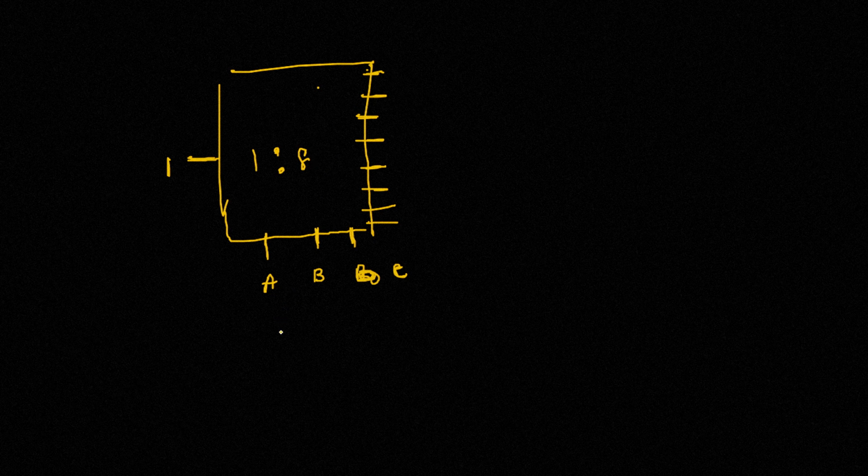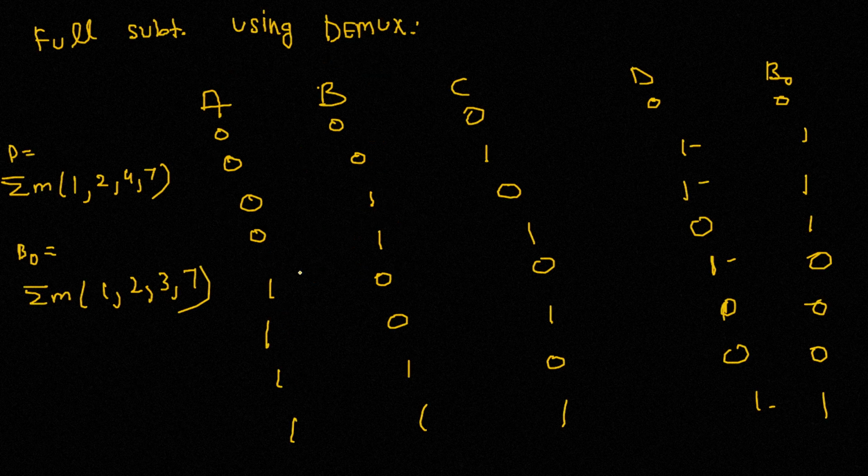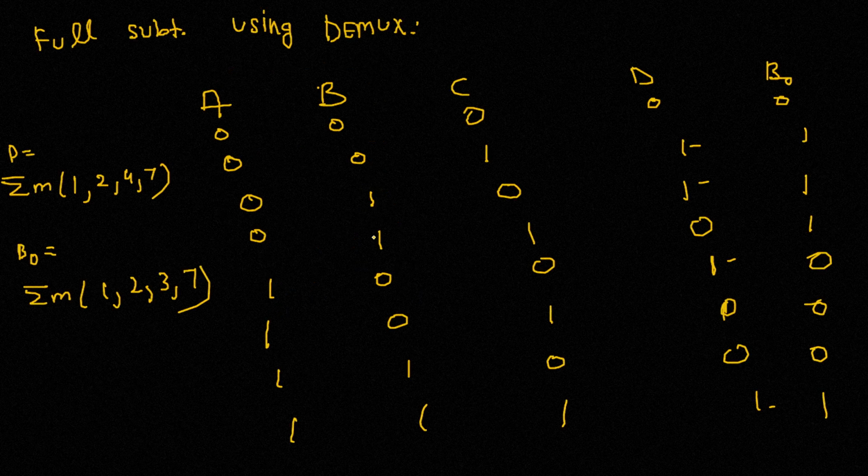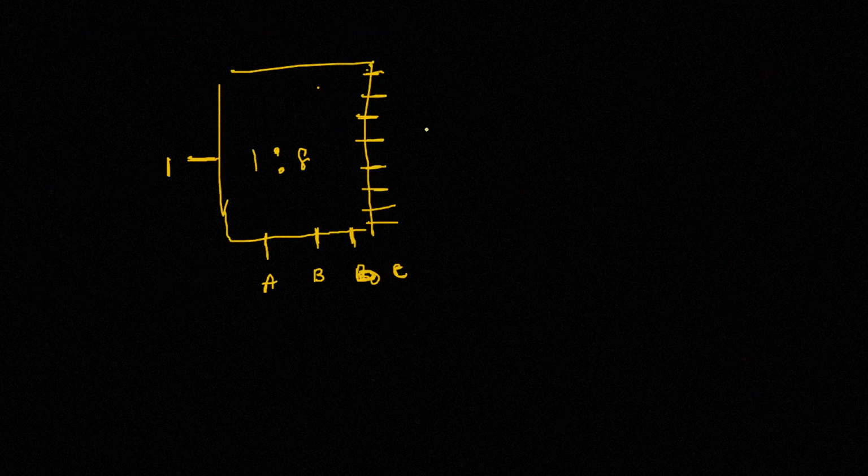Basically, when we give 1 on the input line, it appears at the output selected by the corresponding value of ABC. Let's say ABC is 0, 0, 0.